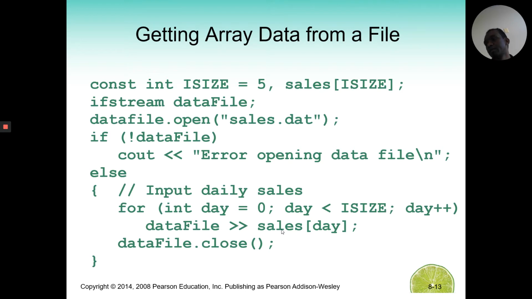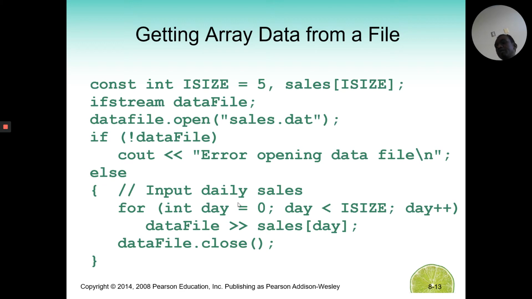So, getting array data from a file. Constant int SIZE is 5. Again, this author likes to use it like that, but you could have just put that number in there. If an ifstream data file, this is reading a data file, dataFile.open, you're trying to open an external file, and if the data file doesn't exist, then display an error opening that file.